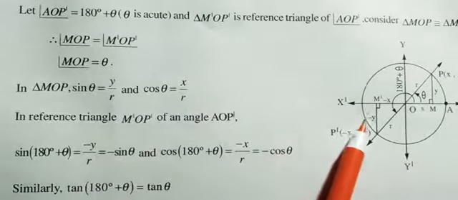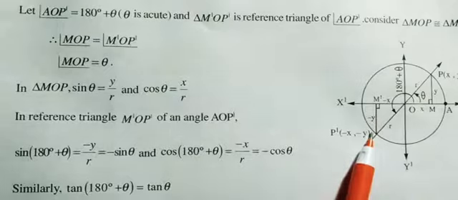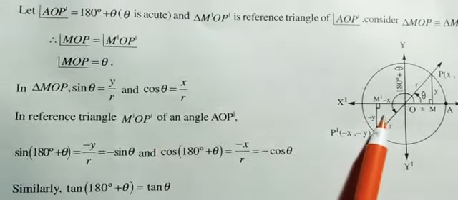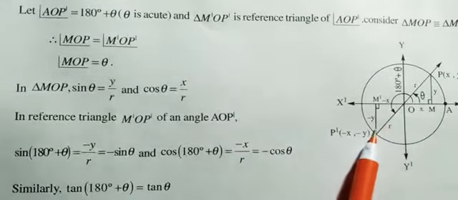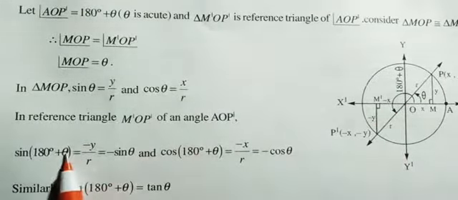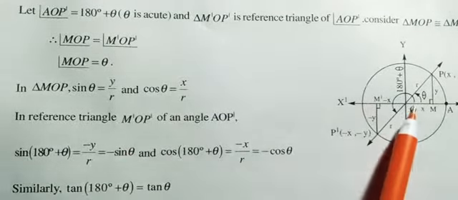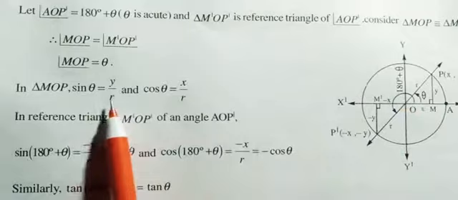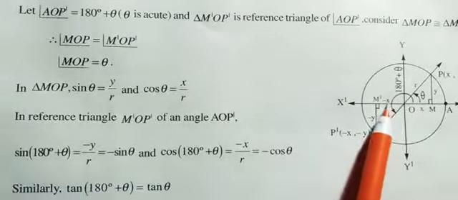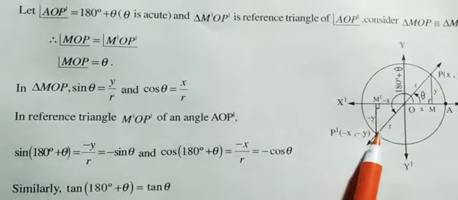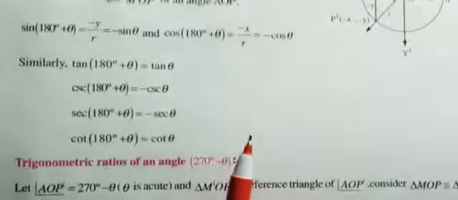Why? Because this is minus y, the negative side of y. So from this reference triangle, sin of 180 plus theta is equal to minus y by r, that is equal to minus sin theta. Next, cos 180 plus theta is equal to minus x, because here both x and y are minus, so minus cos theta. Understood that? Similarly for the others.